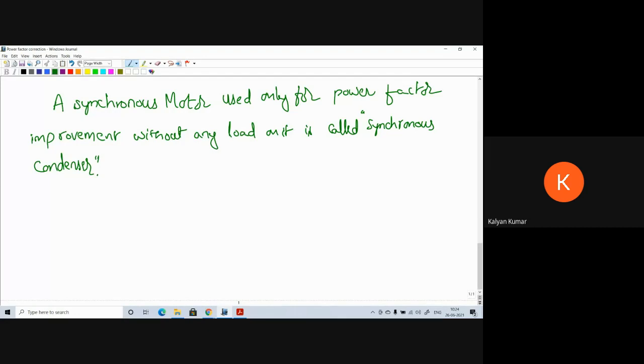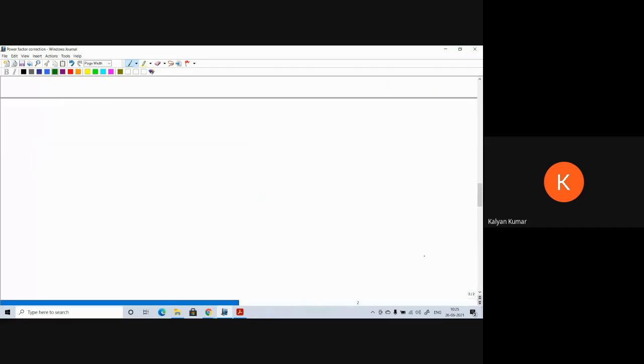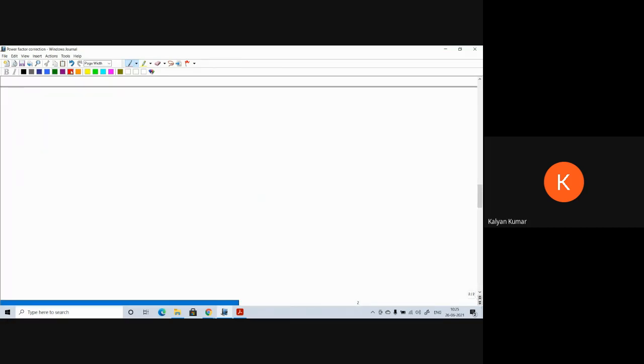It operates in over excited condition, and no mechanical load is connected to it. Let's see how the synchronous condenser is going to improve the power factor.